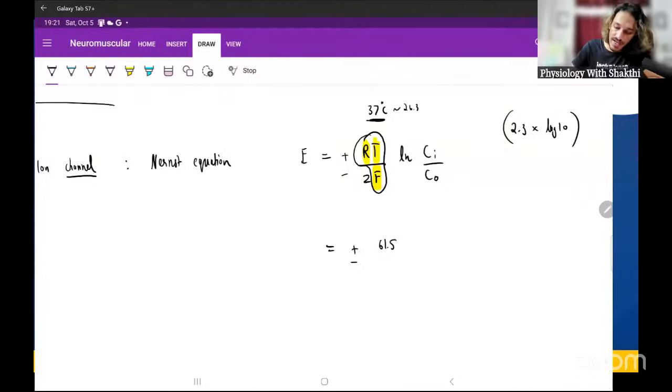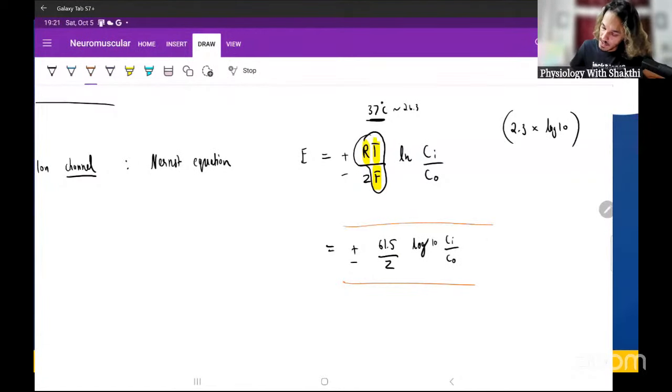Okay, so this RT by F just got replaced by 61.5, not only RT by F, that natural log part also. So 61.5 divided by Z, since we remove the natural part, it's only log 10 of concentration inside by concentration outside. So this is the final equation that you have to understand.